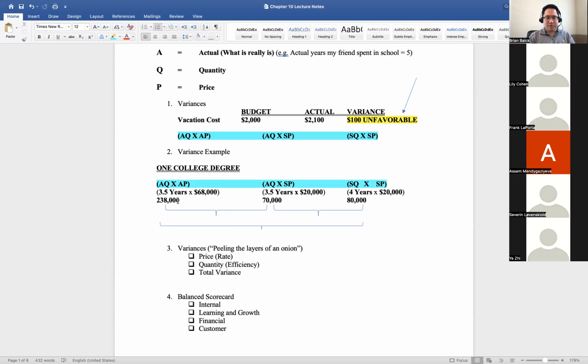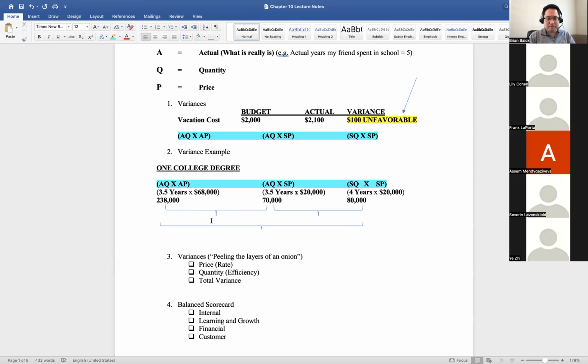So you have a variance between this first number and the second number. That's a variance here. And then we're going to get a variance between the second number and the third number. And then a variance between the first number and the last number.